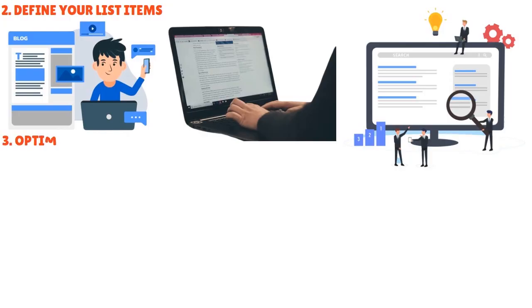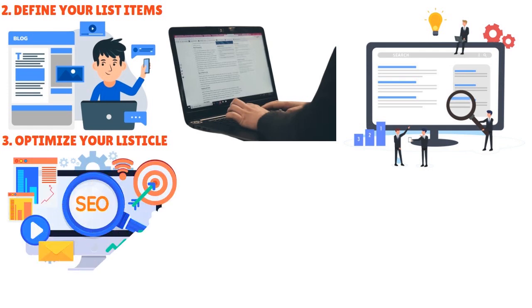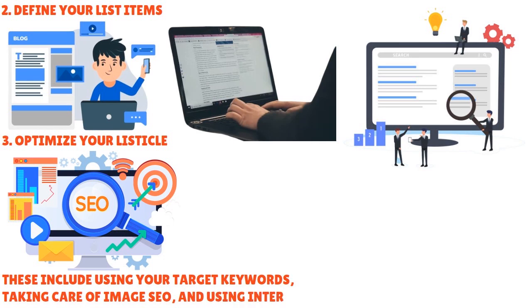Next, you want to optimize your listicle. This is really important if you want to get things done a lot faster. Now that you know your target keywords and your future article outline, you want to start writing your listicle with SEO in mind. There are, of course, general SEO considerations you need to follow for just about any article, including listicles. This includes using your target keywords, taking care of your image SEO, and using internal links.